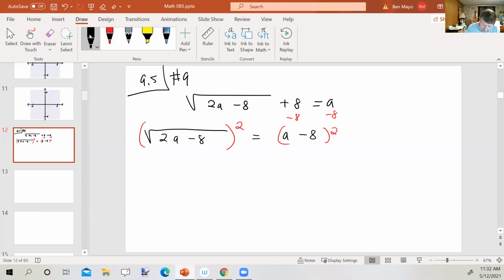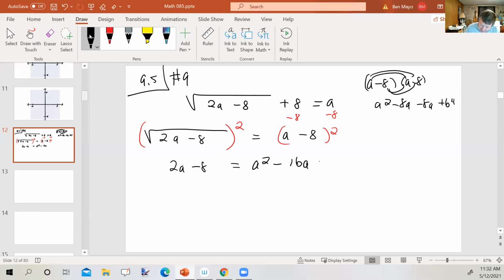On the left side, I get 2a minus 8. On the right side, I've got a minus 8 times a minus 8, which is a squared minus 8a minus 8a plus 64, which is a squared minus 16a plus 64.